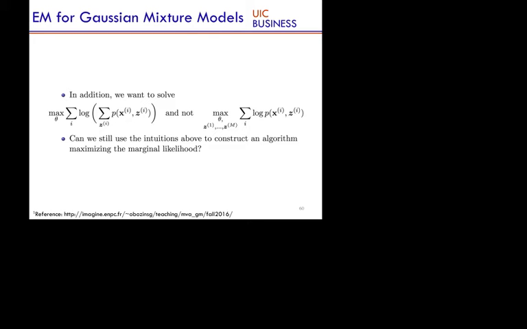Now, very similar to the intuition that we had in the directed probabilistic graphical model case, in the discrete case, we were trying to find the probability of the missing, hidden values, given the current parameters, right? So given the current parameters, I was estimating q of z1, z2 in the previous example. Similarly, here we are going to try to estimate the probability that z takes some value given the current parameters and the current xi.